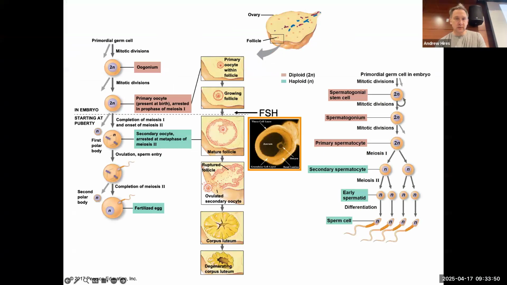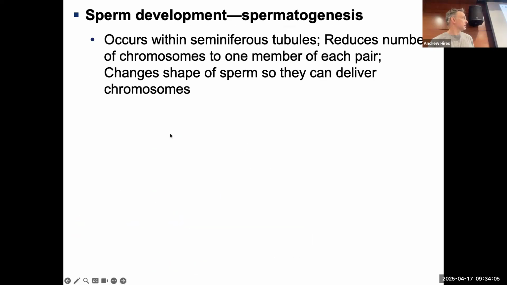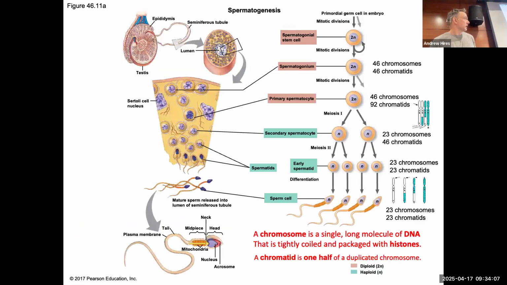Okay, so last time we were doing sexual reproduction and reproductive organs. I've updated the slide a little bit. I wanted to go back to one aspect here, which is related to the chromosomes and chromatids.